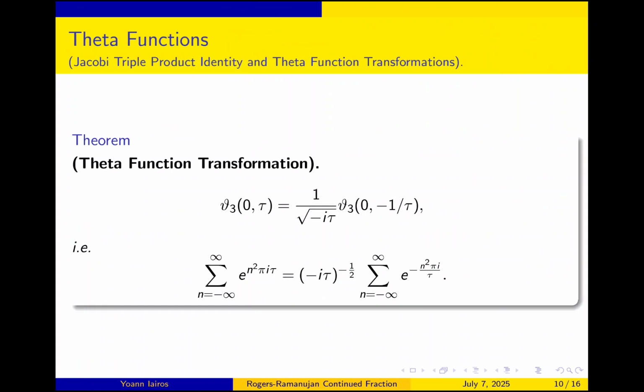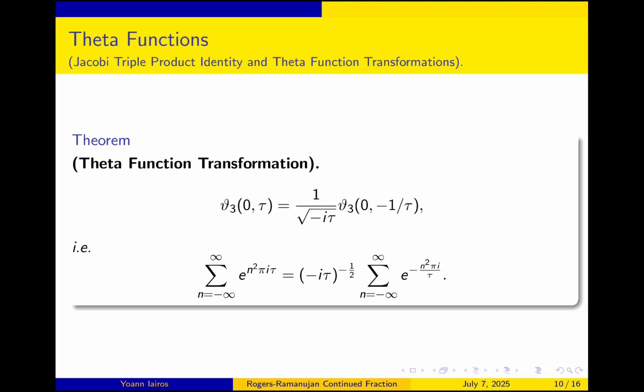There is also another result in the theory of theta functions whose importance cannot be overstated, and it's the theta function transformation. As innocent looking as it might seem, this theta function transformation is actually quite deep.